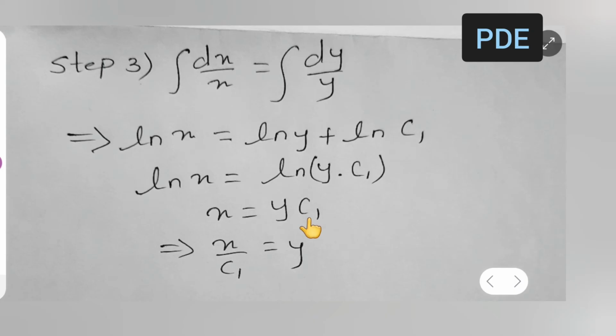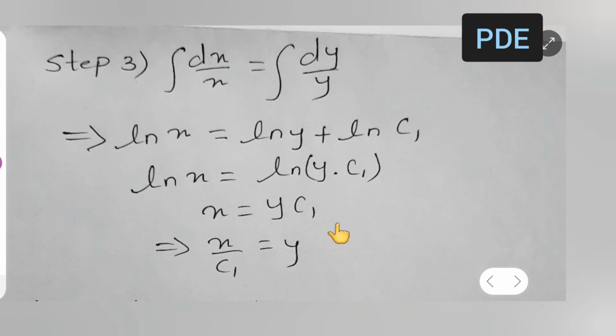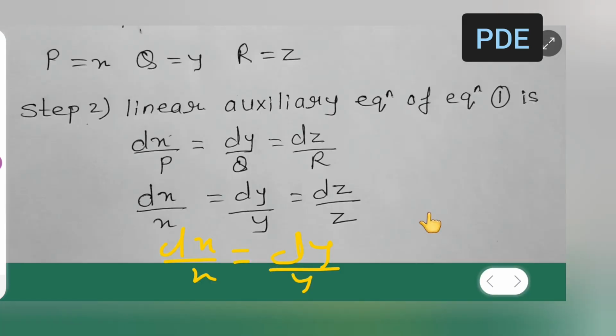So x upon y is equal to c1, or y is equal to x upon c1. So the value of c1 is x upon y.